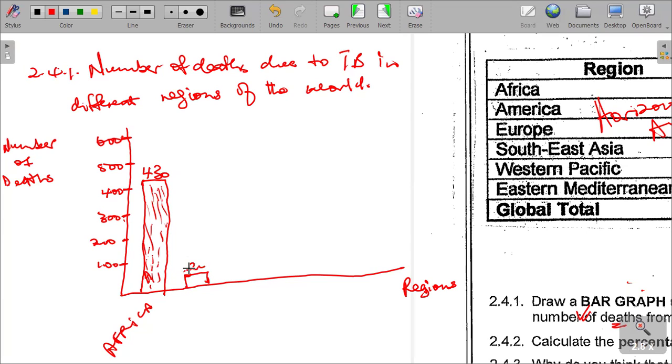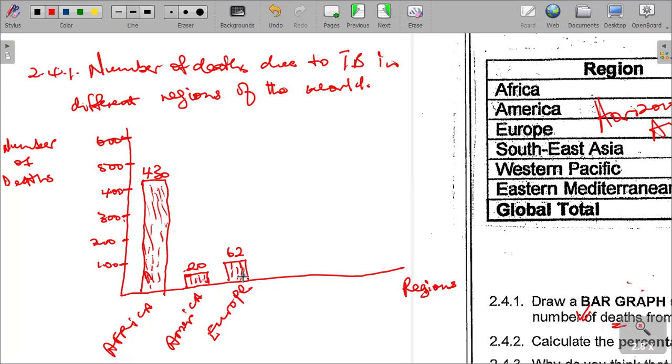Then Europe is 62, which is a little bit higher.